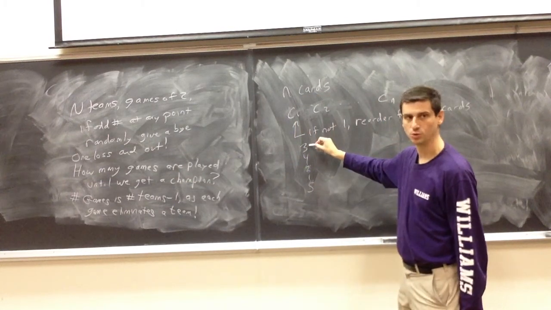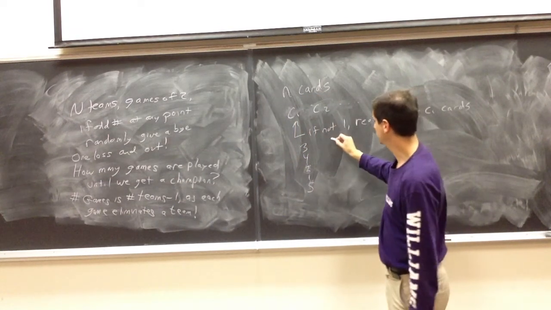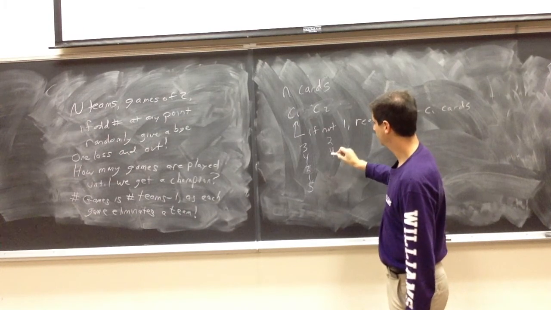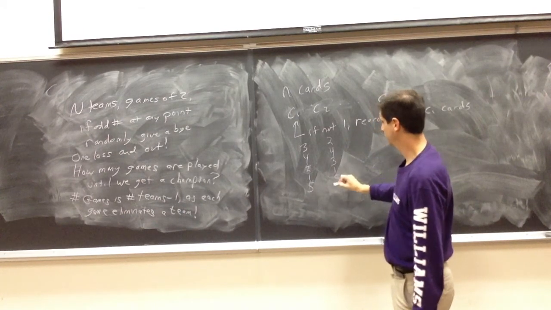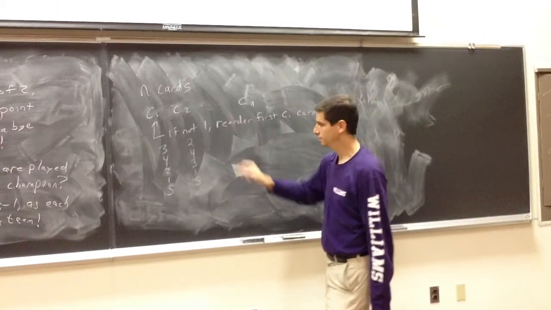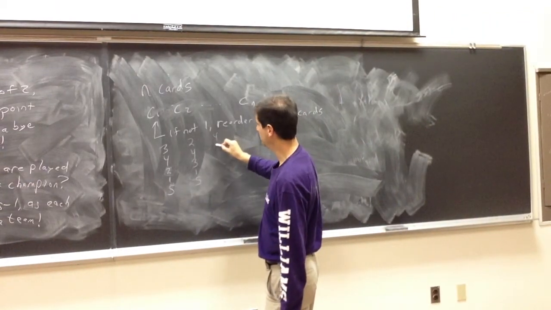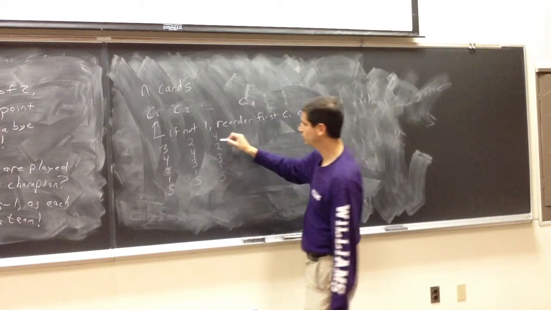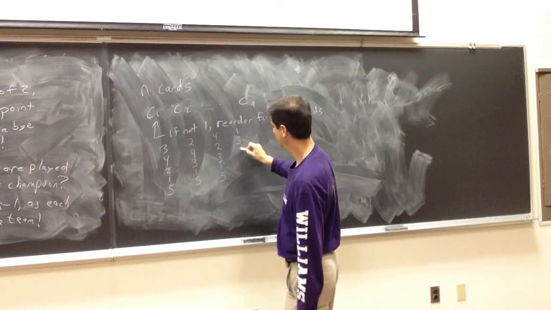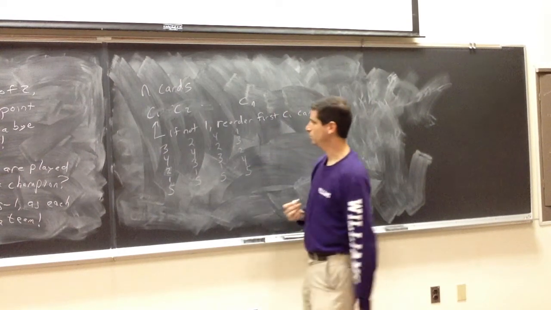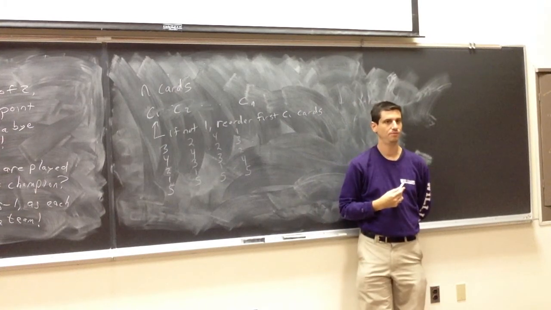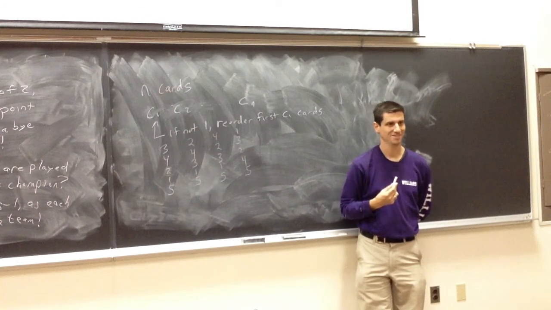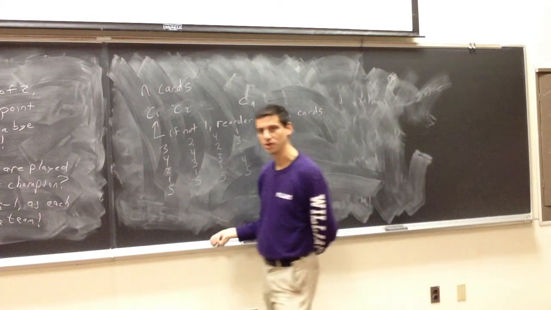My first card is not 1, so I reorder the first 3 cards. So it becomes 2, 4, 3, 1, 5. Now the first card is not a 1, so I reorder the first 2 cards, and it becomes 4, 2, 3, 1, 5. The first card is not a 1, so I reorder the first 4 cards: 1, 3, 2, 4, 5. And what do you notice? One is the first card. What do you think the conjecture is? You'll always end up with 1 as the first card.